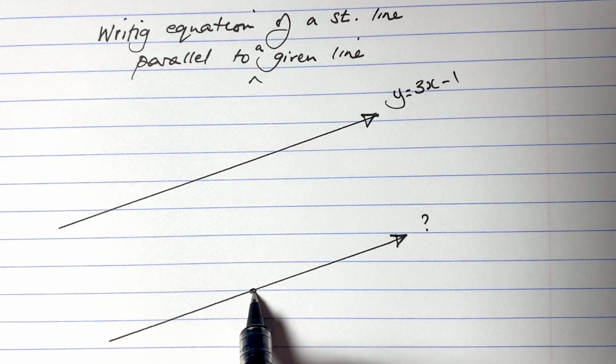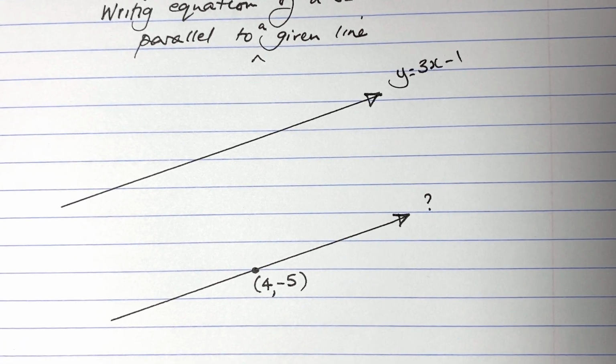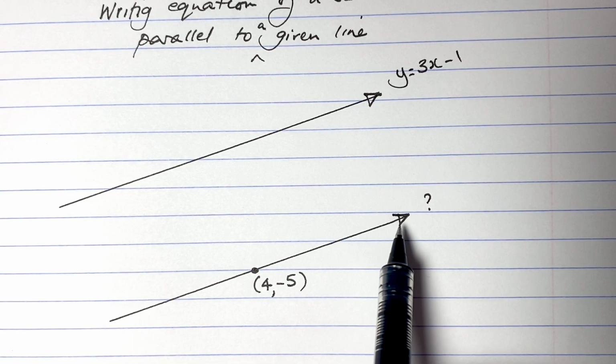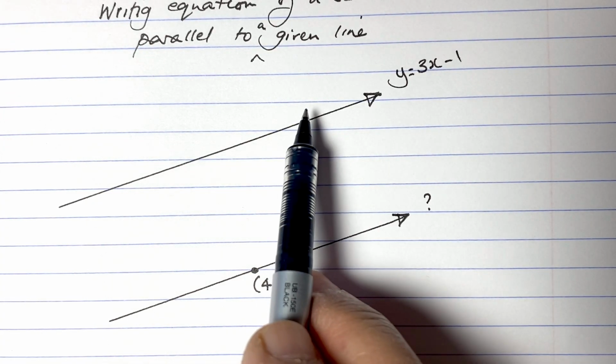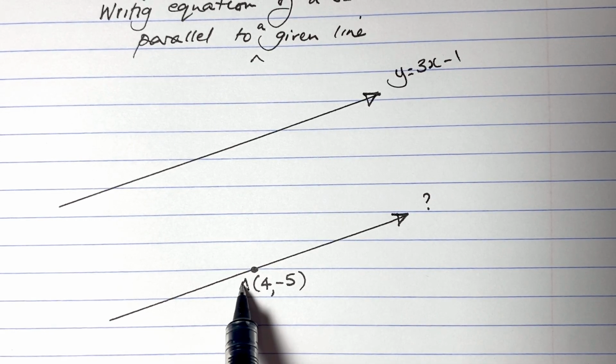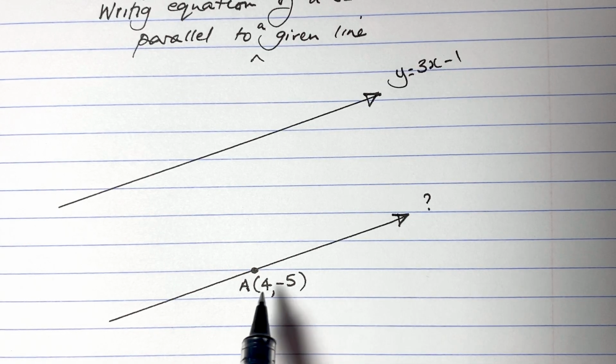Say this line passes through point A with the coordinates 4, minus 5. So what is the equation of this line, parallel to the given line and passing through point A?